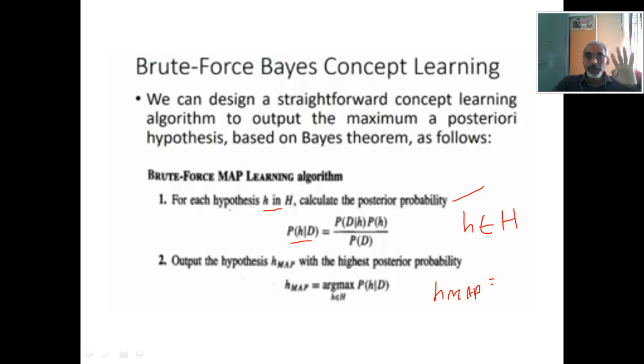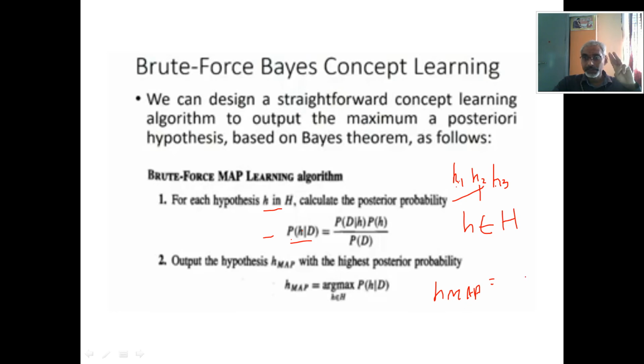For example, you have 3 hypotheses in our capital H: H1, H2, H3. Now what you do? You take the first hypothesis H1, calculate the posterior probability. Then you take the second hypothesis H2, calculate the posterior probability. Take the third one, calculate the posterior probability. Now you have the posterior probability of all 3 hypotheses. Now you calculate H MAP.